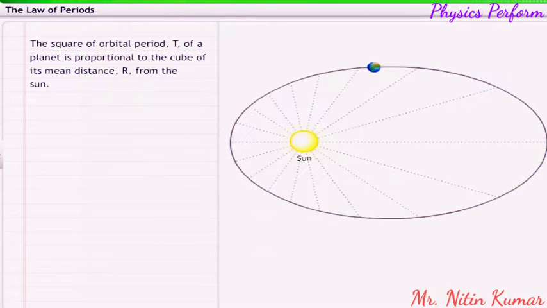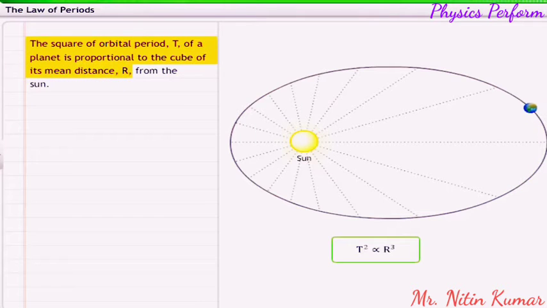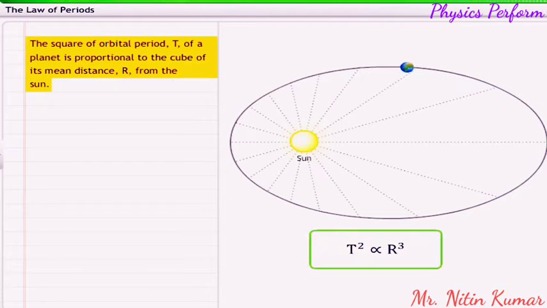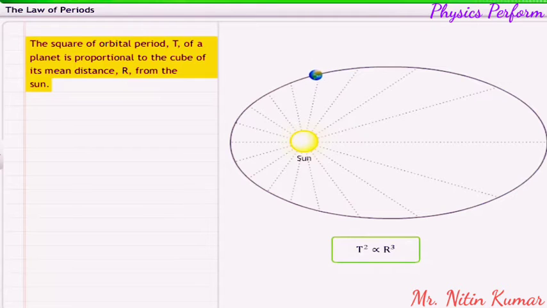The law of periods states that the square of orbital period T of a planet is proportional to the cube of its mean distance R from the Sun.